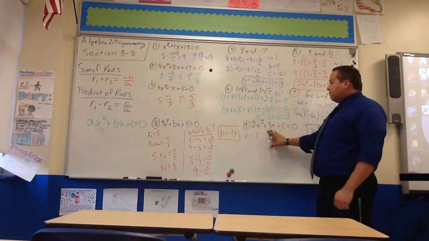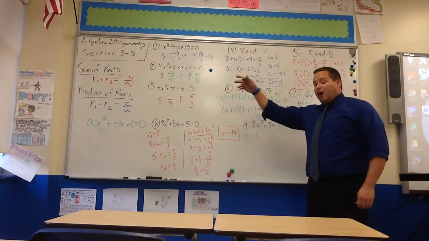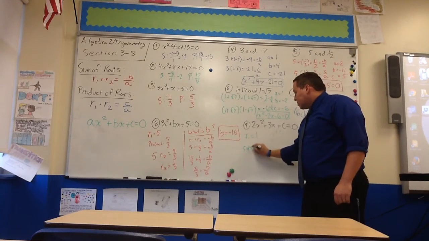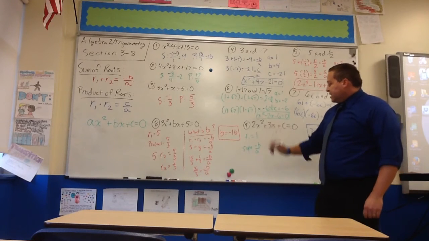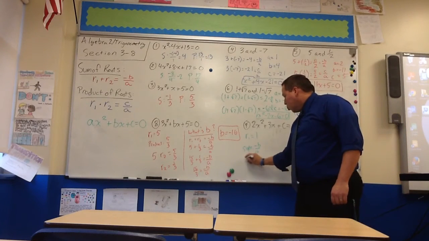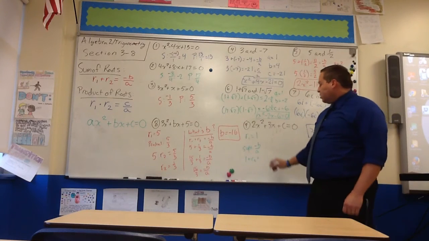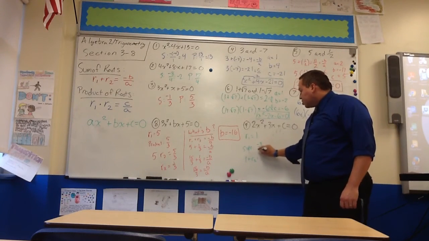Since I'm given my b and I'm given my a, I could use the sum. The sum, remember, is negative b over a. So in this case, I'm going to do 1 plus my second R is going to equal that sum of negative 3 over 2.